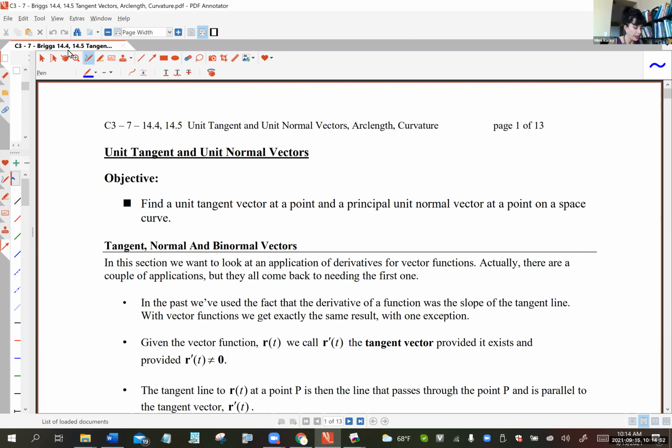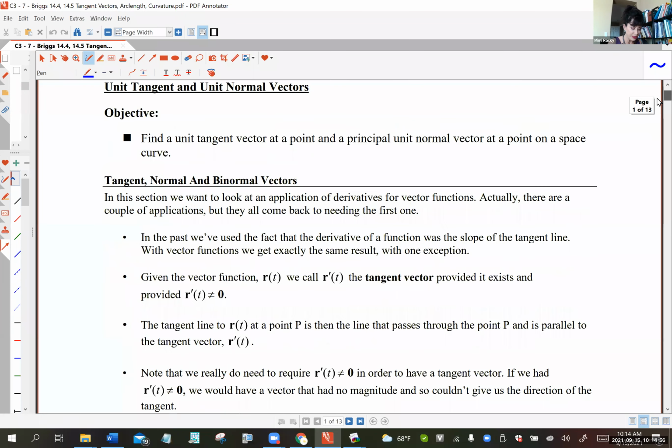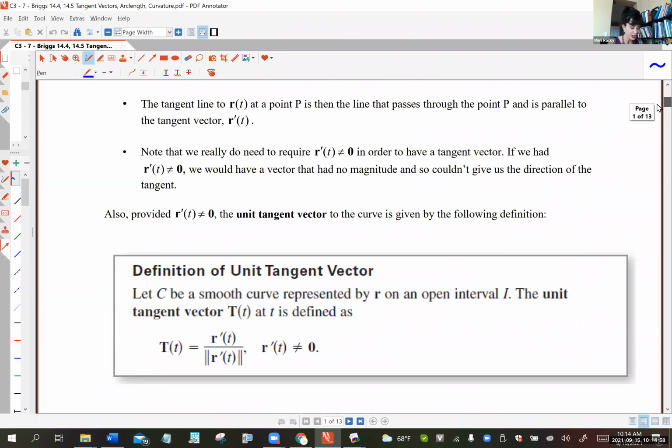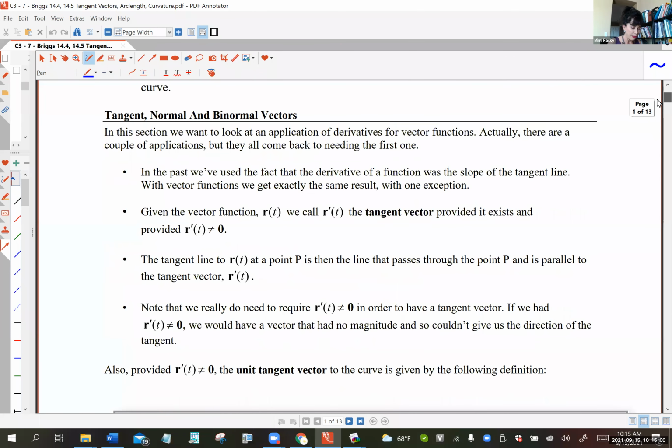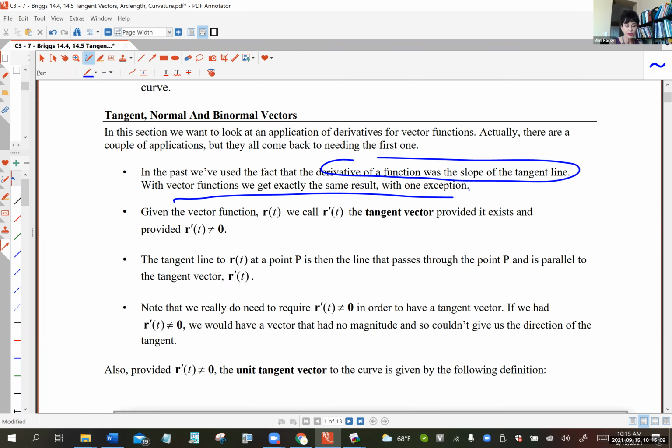The reason is because we want to use some more of those physics applications of motion. In the past, the derivative of a function was the slope of the tangent line. With vector functions, we get that same result with one exception. You get this r prime, which is the tangent vector, provided it exists and it's not the zero vector.